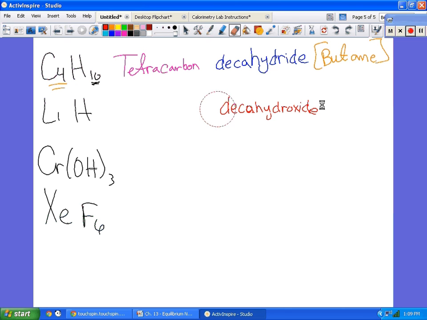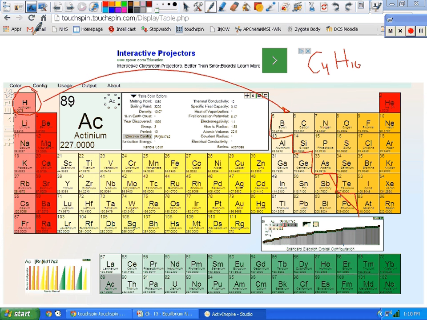So, the next one, lithium. Is it a metal? As soon as you see metals, what goes out the window that you cannot use? No prefixes. Does this one need a Roman numeral? No. Where is it? To the left. Do group 1s and group 2s need Roman numerals? No. So it's just lithium.